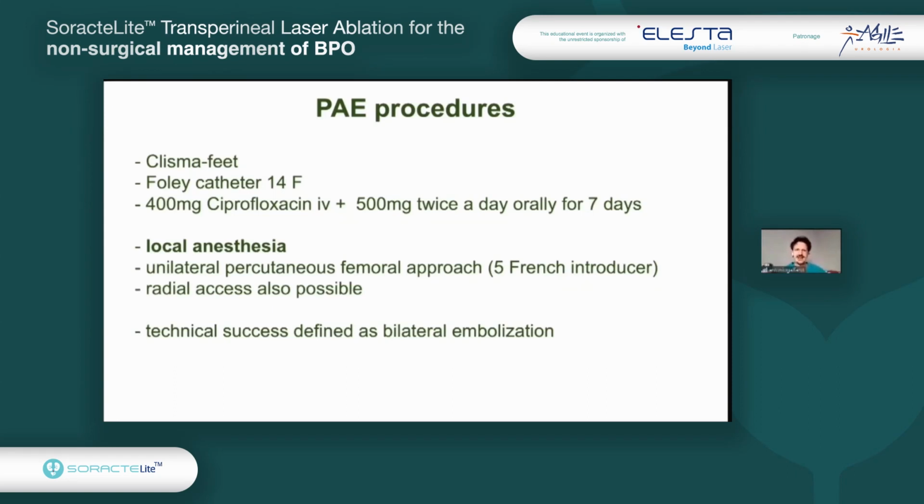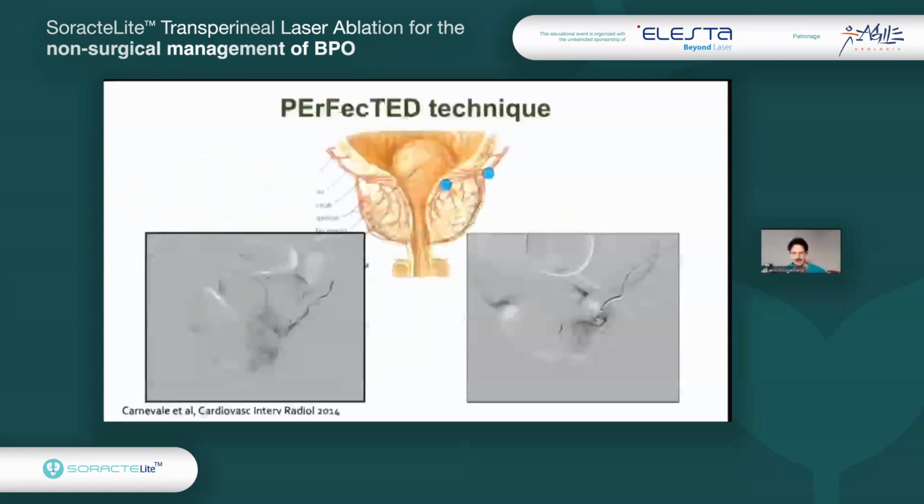In the last year, the radiologists started to use a radial access, which is really useful to do the procedure as a daytime procedure. And they define technical, not clinical, success when they can embolize both sides of the prostatic arteries.